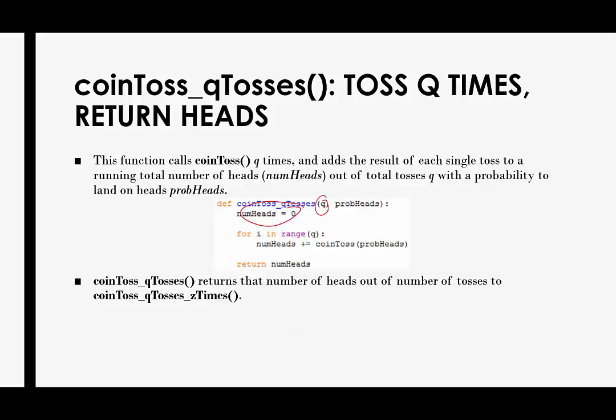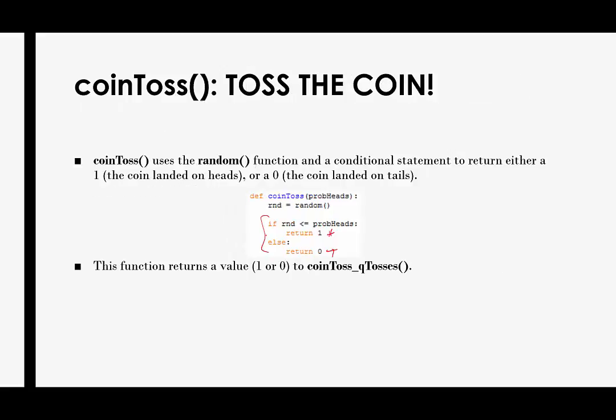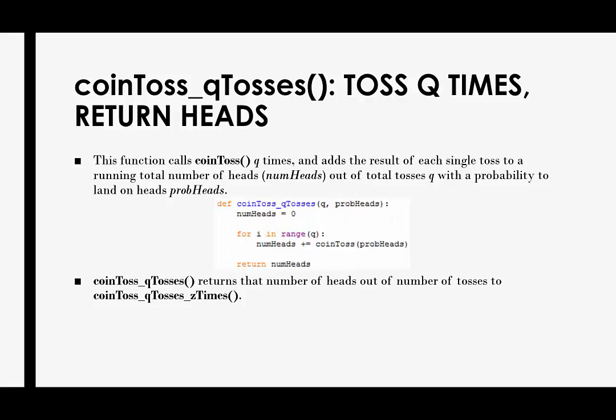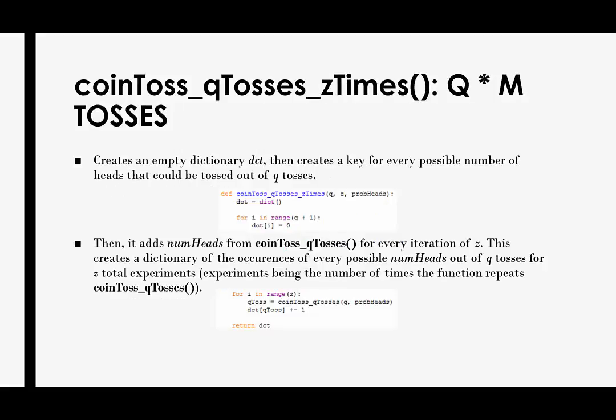All it needs to know is the number of heads out of the number of these tosses to then calculate the probability of that occurrence. So what it does is, if Q is 10, then it'll call coin toss 10 times and then add the number of times the coin landed on heads out of those 10 tosses to num heads, and return num heads to coin toss Q tosses Z times.